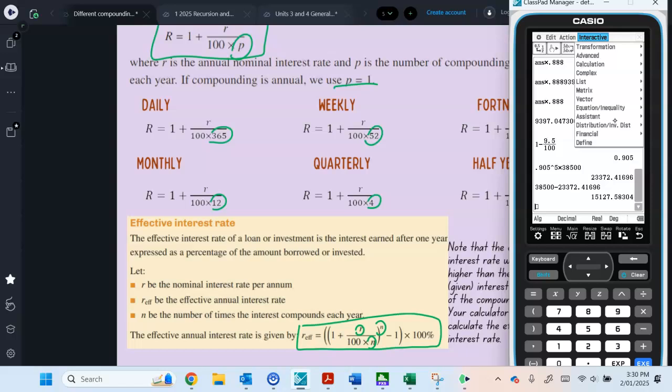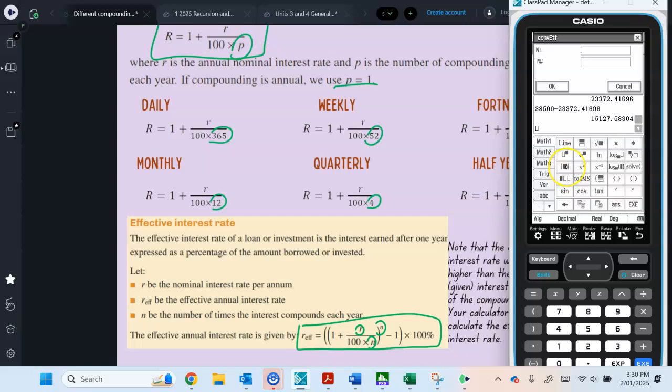All right, so go to interactive, financial, and interest conversion, and we're going to convert the 6% into the effective interest rate. So we've got N, our number of compounding periods. If I was to just do it yearly, it'll stay the same. So one compounding period per year.